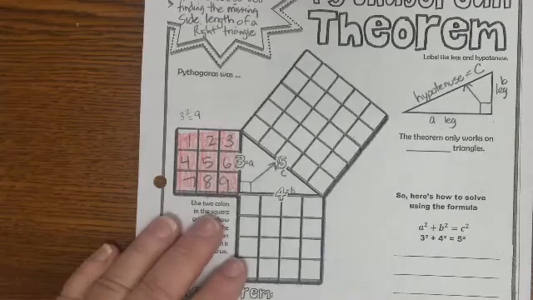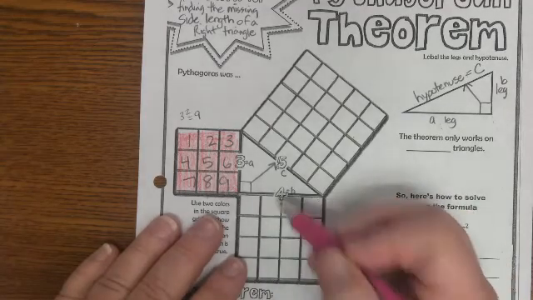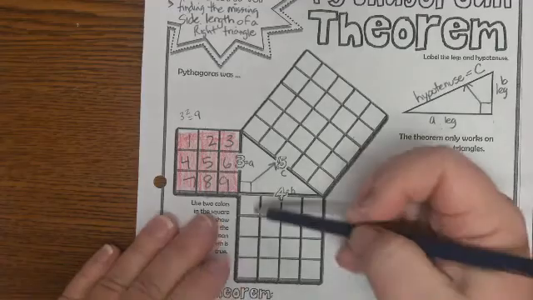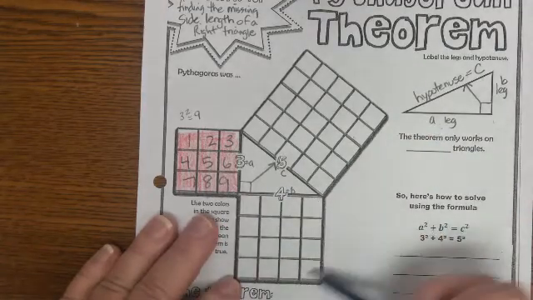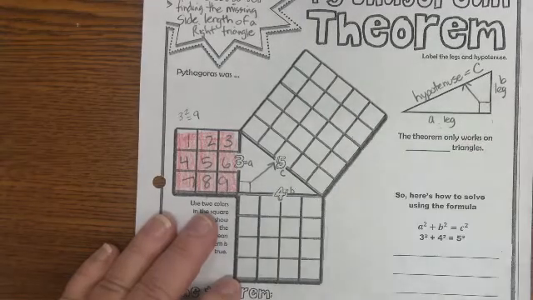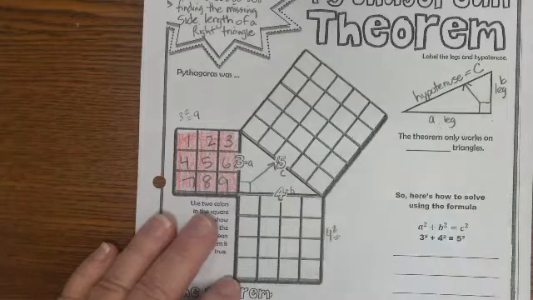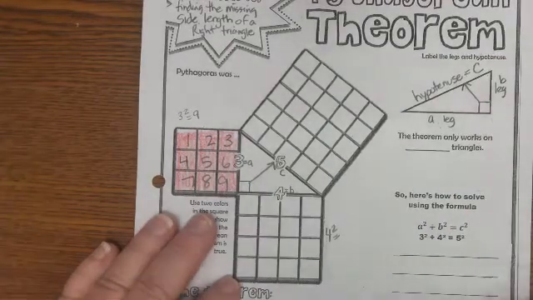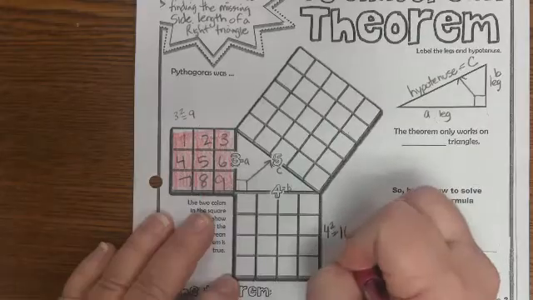So then we have this side length, which is 4. So the area, or the part inside the square, is going to be 4 squared, which if you put 4 squared in your calculator, it's not 4 times 2, it's 4 times 4, which is 16.